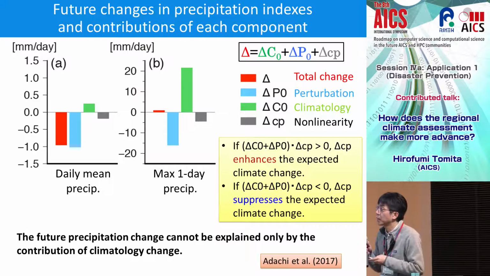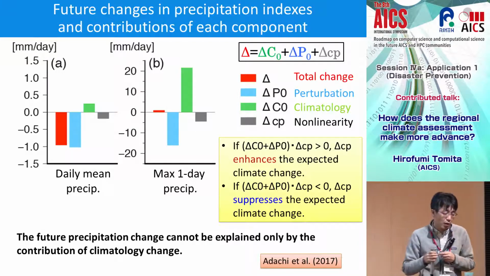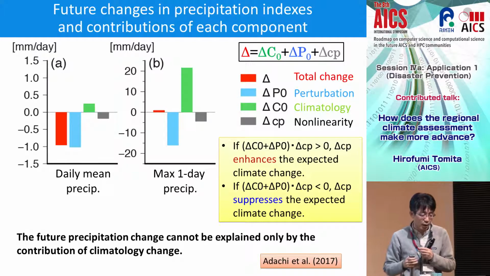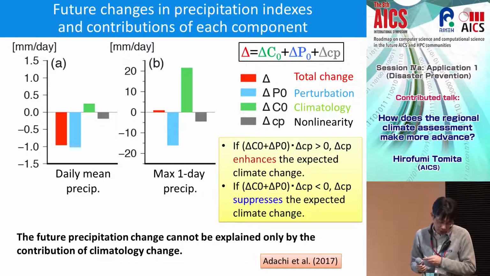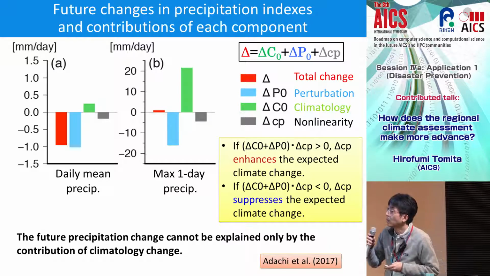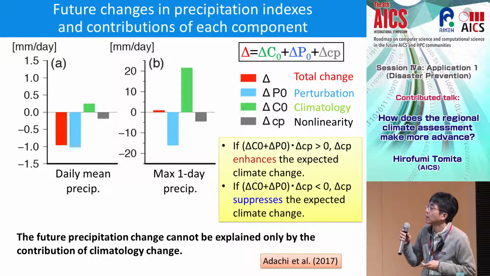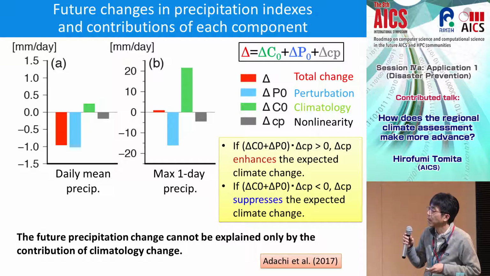And this picture shows the summation over the domain of the precipitation index and the contribution of each component. So the left figure shows the daily mean precipitation, and the right is the maximum one-day precipitation.